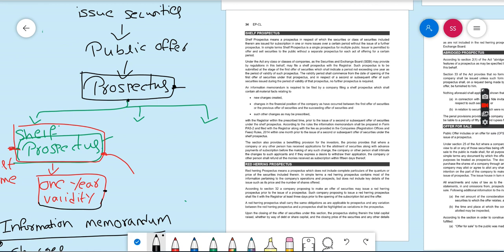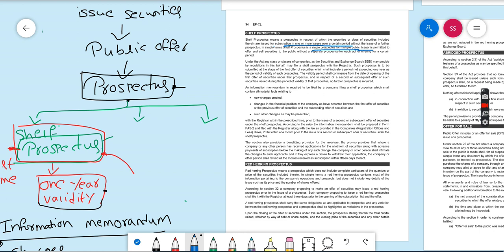So a shelf prospectus can be used for one or more issues, right? It is issued for subscription in one or more issues over a certain period. So simply we can say that it is a single prospectus for multiple public issues.